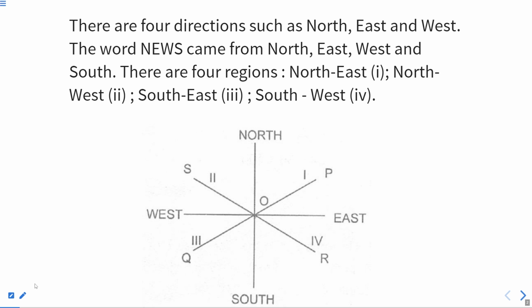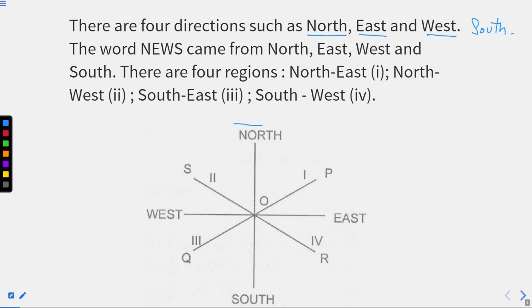Here you can see there are four directions, such as, you all know, the north direction, east direction, west direction and the south direction, right? We can write south here as well. So where are all these directions in the diagram?